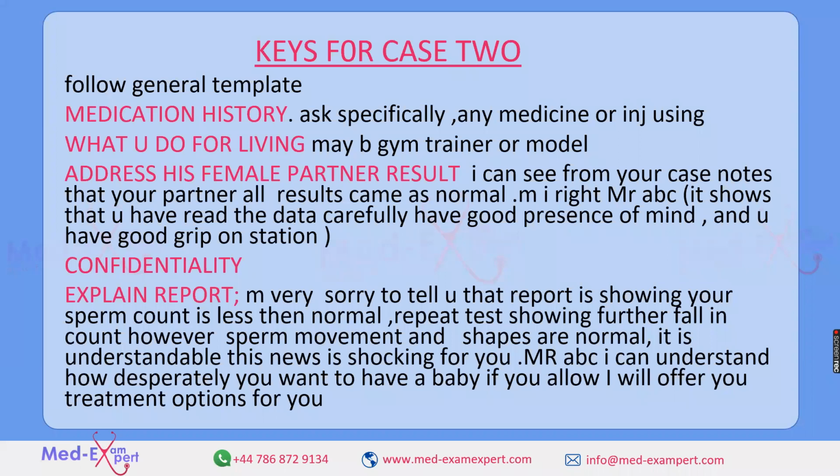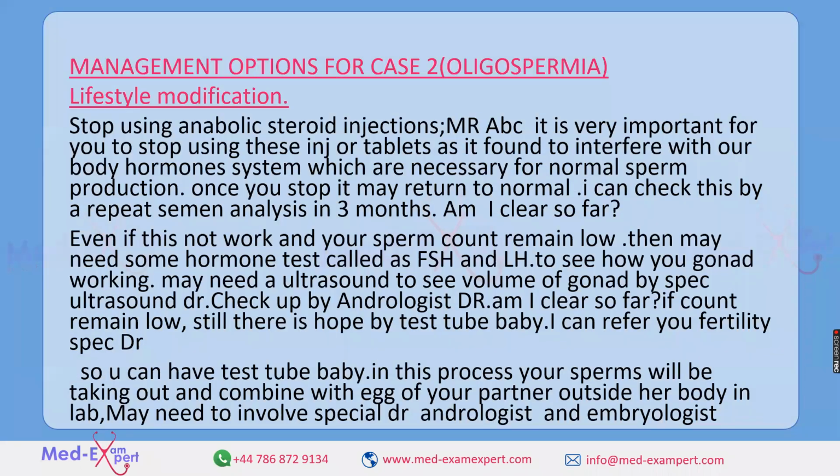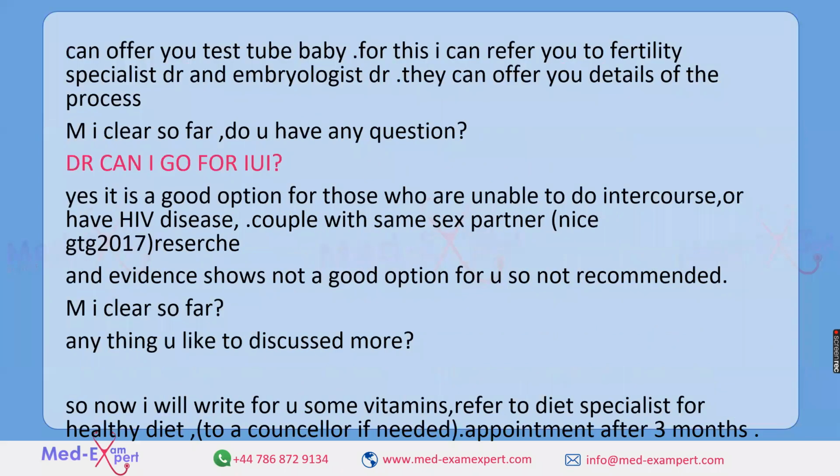Any question? Doctor, can I ask one question, please? Is there any rule for IUI, or is it restricted to certain people? You mentioned 3 points, but before, IUI was used for religious factors. This is the guideline.